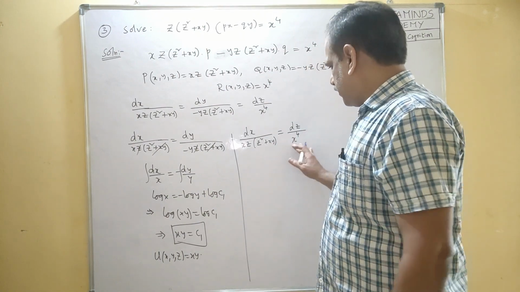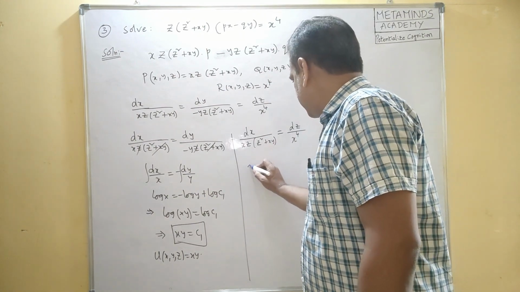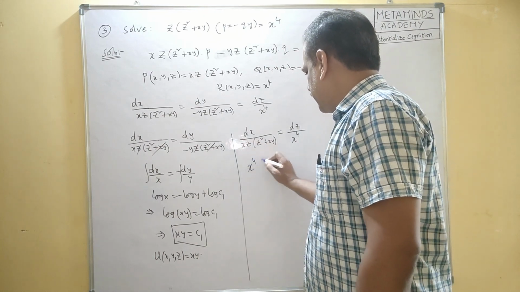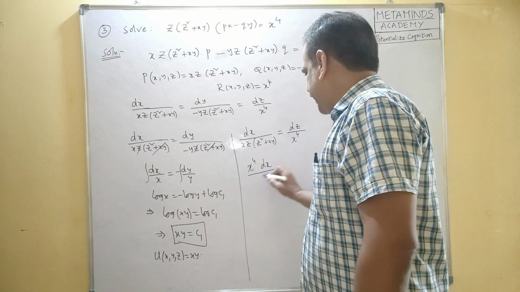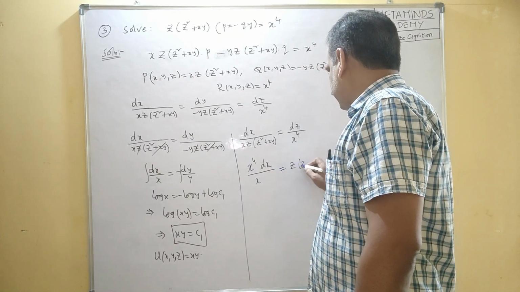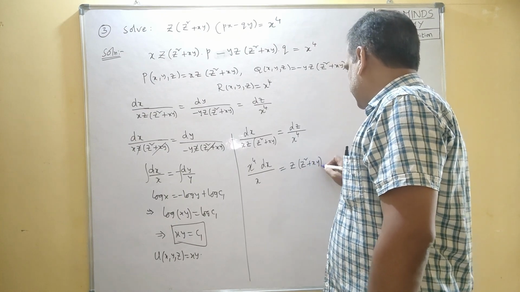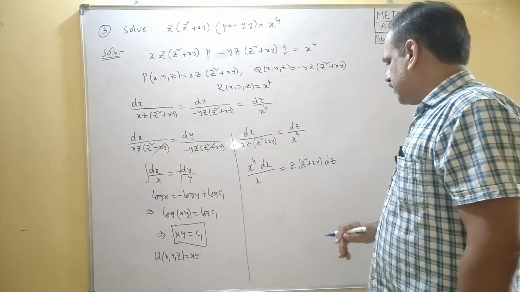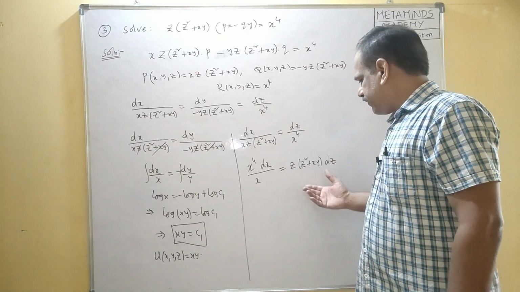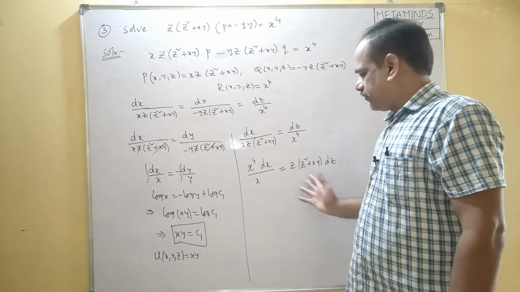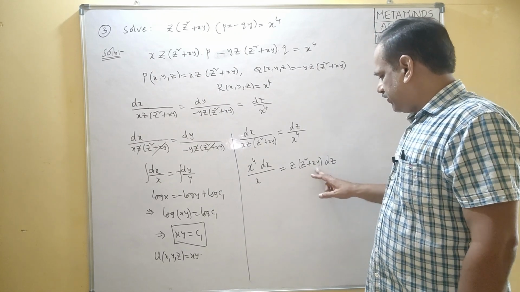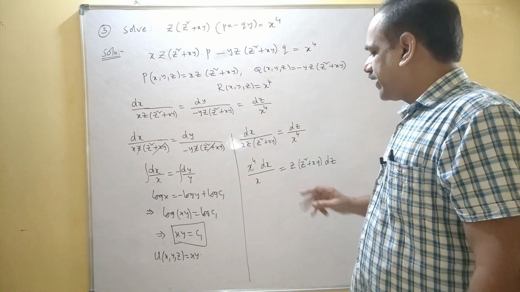All x you take to the left hand side, it is x cube, x power 4 dx by x z into z square plus xy into dz. So we tried to bring all the relevant variables to one side, but you have xy here, beside dz, so that you cannot integrate.